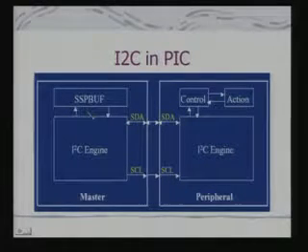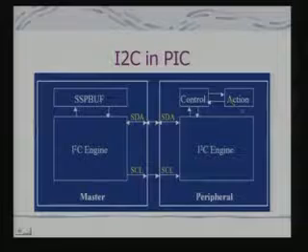You have got these two registers, SSP buff, this is a register. So, this is the master and this would be the corresponding peripheral. Peripheral should also have the I2C engine, otherwise it cannot communicate following I2C protocol. So, it has got the control and the control logic as well as the action part.